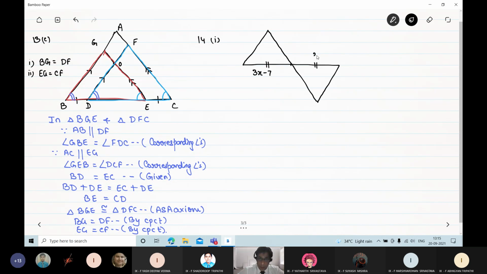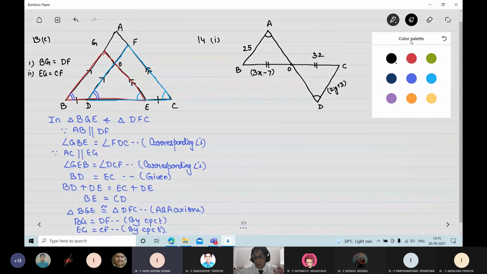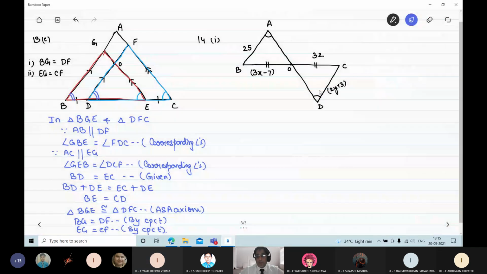It's given 32 here. It's given 25 here. And this is 2y plus 3. It is also given that this angle is equal to this angle. You see in the figure, the same symbol is made. Now, it is not labeled, so let's label this figure. So it's A, B, O, C, D, let's say. Is this clear, children? I have labeled the figure as per my convenience. Is this much clear to everyone?